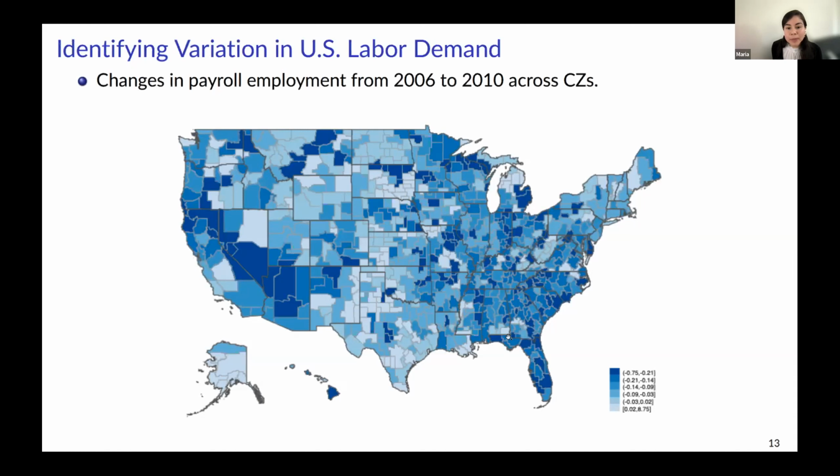Places in dark blue are places that face larger employment declines, and you can see that there is a lot of geographic variation. What this means for our design is that if a municipality in Mexico is connected to, let's say, labor markets in Texas, it is going to face smaller declines in employment than a municipality that is connected to places in Southern California.